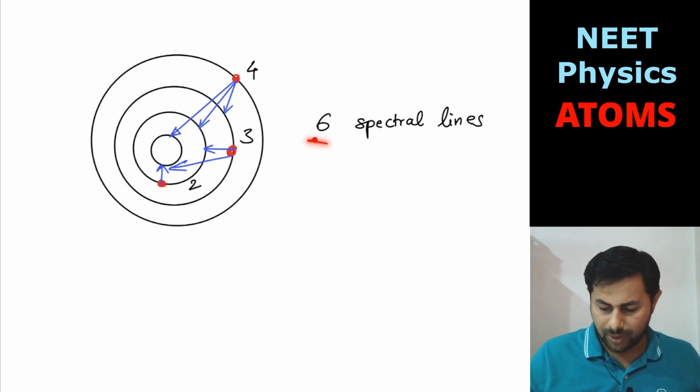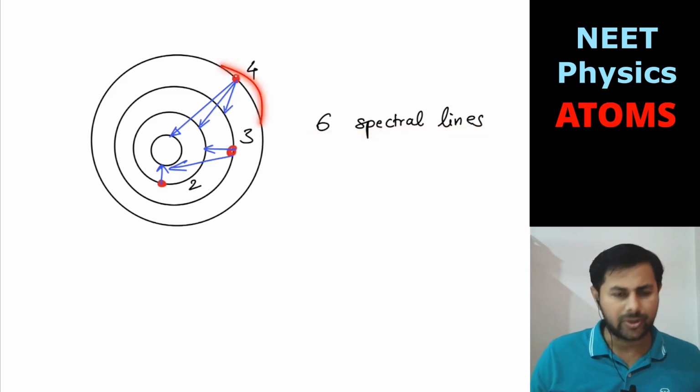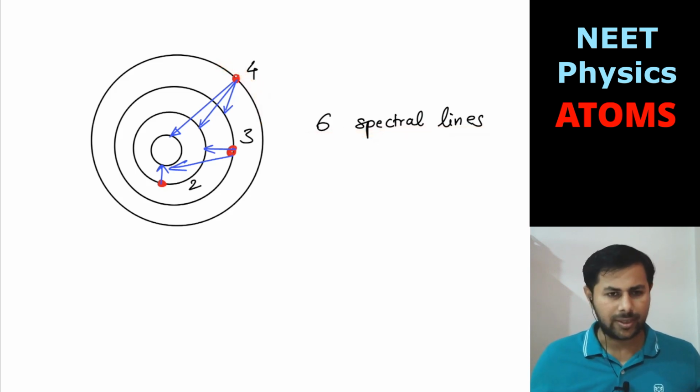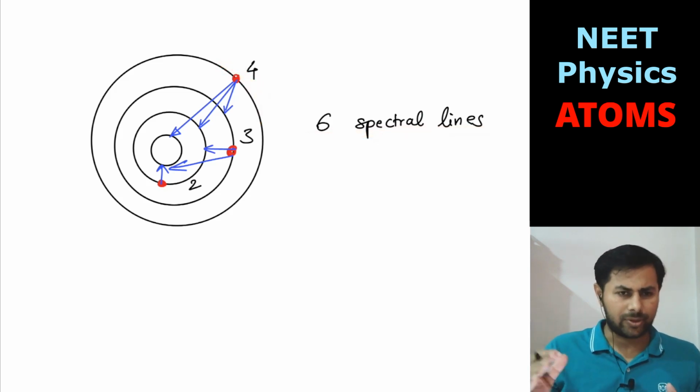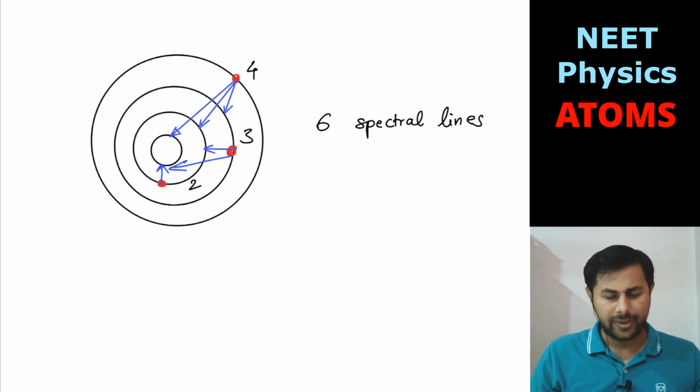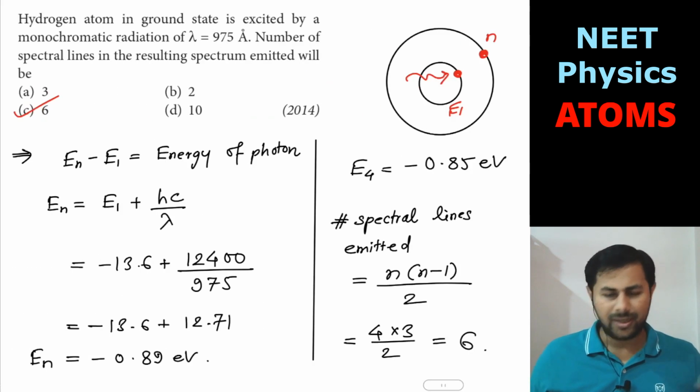Okay, so this was the fourth orbit only. The electron is just excited to the fourth orbit, so from there it can de-excite to the third, second, one, and we can count the number of spectral lines by hand. But it can jump to a much higher orbit like the 12th or 15th, you might get such a value of En.